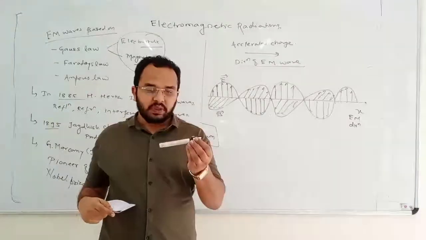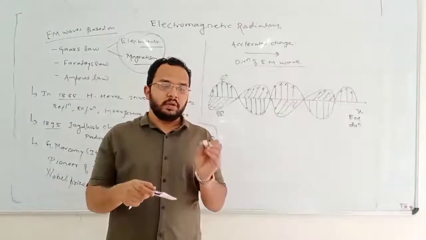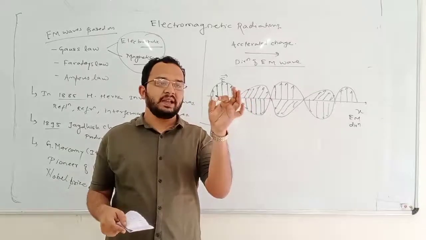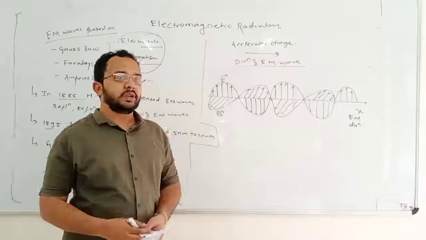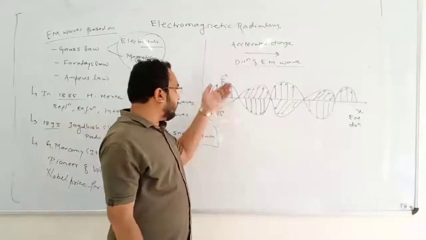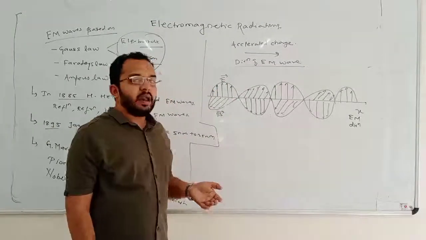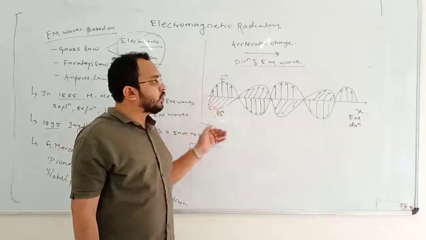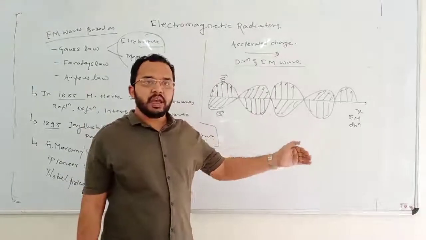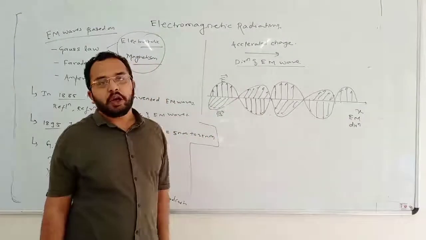Why? Left to right, this is front to back, and this is bottom to top. All lines are perpendicular to each other. So we can say the electric field and magnetic field are perpendicular to each other and vibrate transverse to the direction of electromagnetic waves, as well as being perpendicular to the electromagnetic waves.